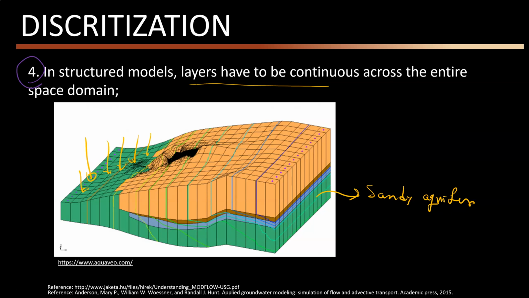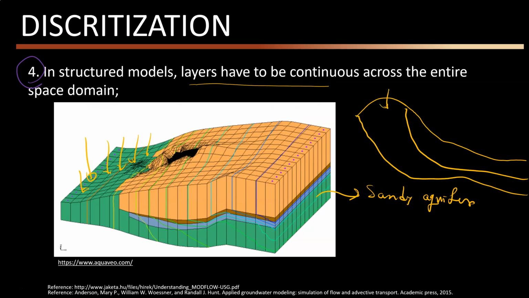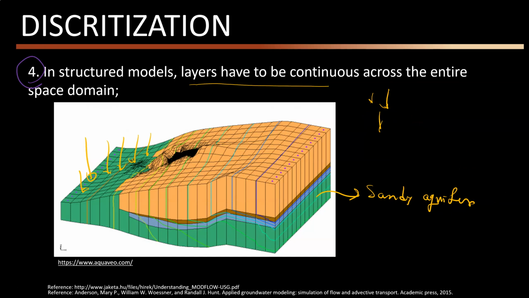We already talked about this. If this is the system, the confining aquifer is something like this usually. So there is a recharge area where the water gets into the system and eventually comes into the confined system.